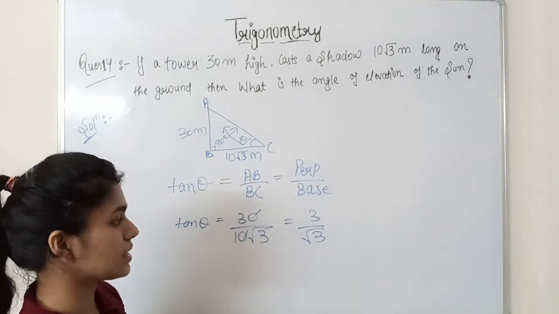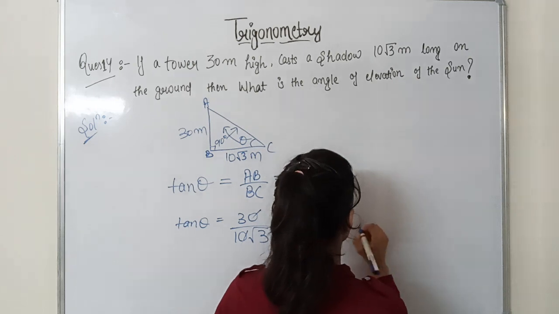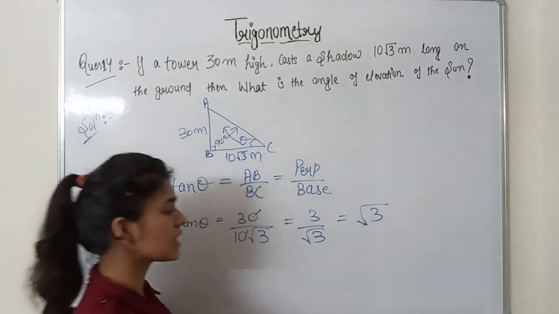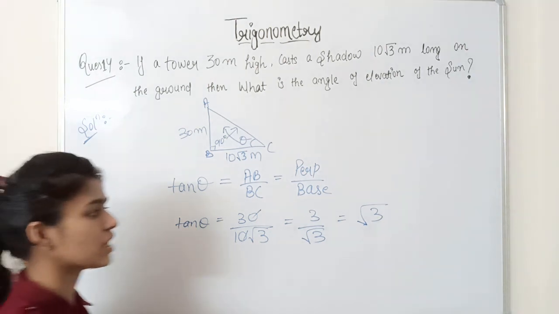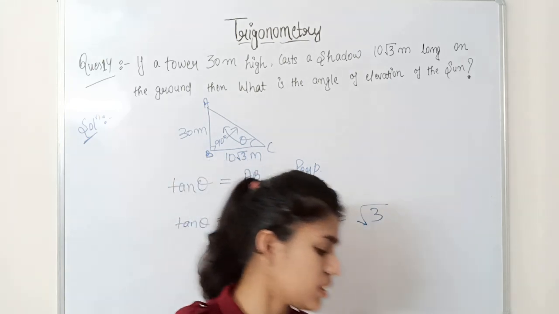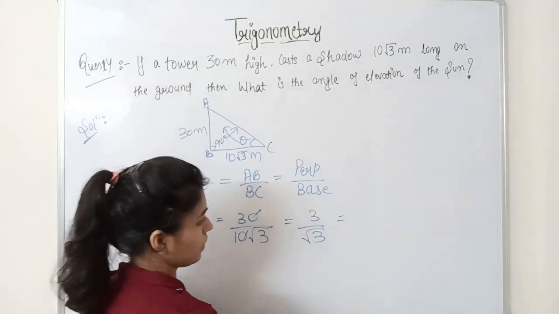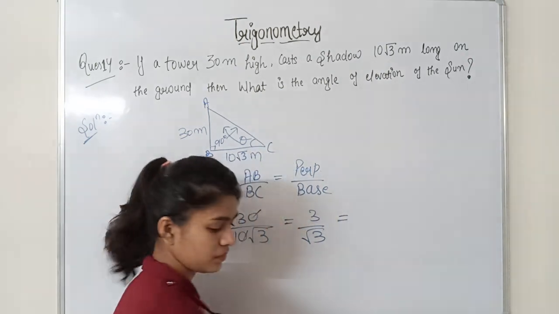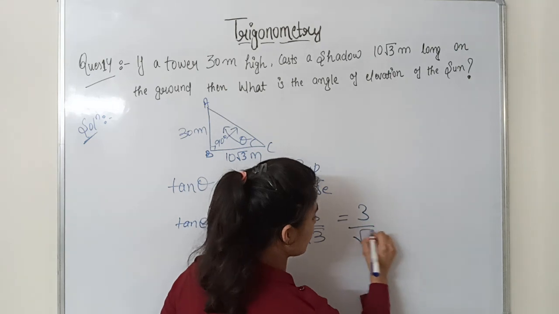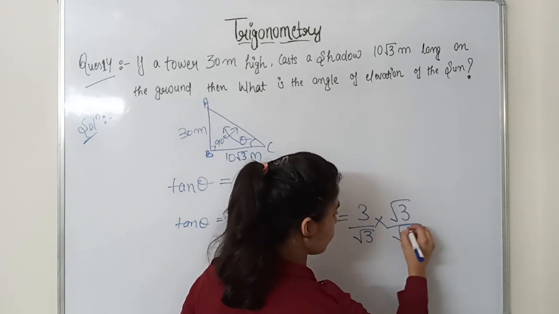After rationalizing this, answer will be root 3. When we rationalize 3 upon root 3, answer will be root 3, because in the rationalized process we multiply the denominator in both sides. 3 upon root 3 into root 3 upon root 3.